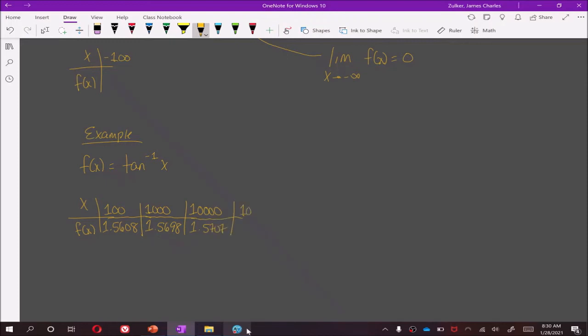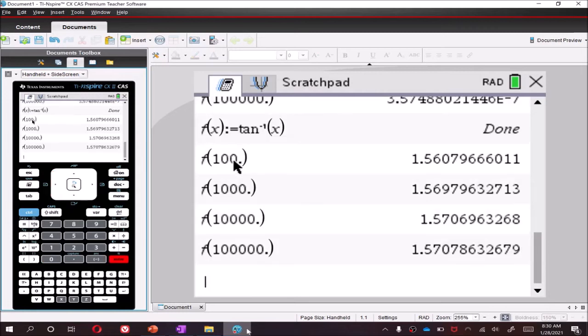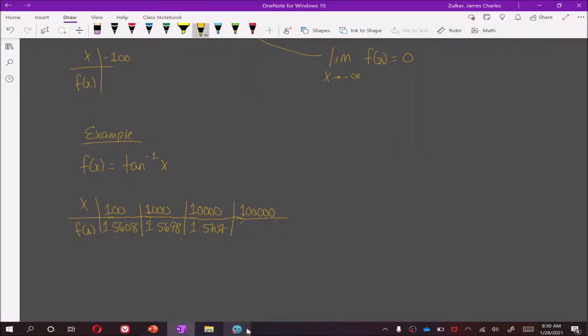Let's just do one more. Let's look at 100,000, just for fun. 1.5708. So let's say the limit as x approaches infinity of f of x is 1.570.